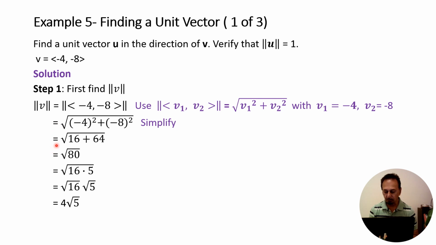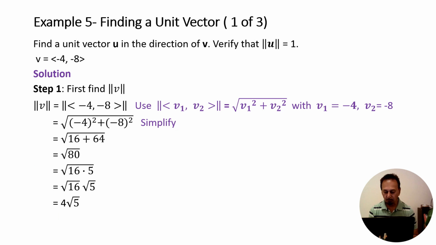So this becomes square root of 16 plus 64, which becomes square root of 80. Now we can simplify. 80 can be broken down to 16 times 5. So you can break this radical down into 2 square roots, square root of 16 and square root of 5. And the square root of 16 is equal to 4 and the square root of 5 stays. So that's the magnitude of vector v.